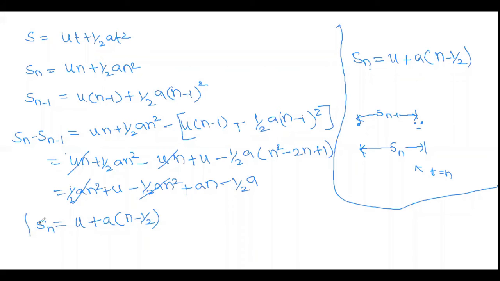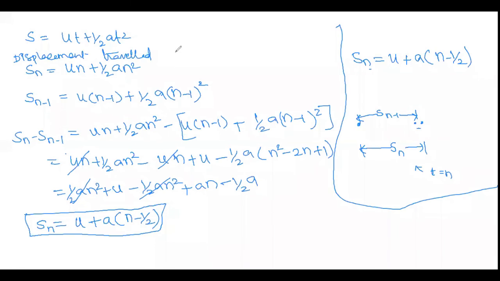That we will represent as Sn. Here one small clarity you have to get: this is the distance or displacement traveled by an object in n seconds. Better I'll write here: displacement traveled in n seconds.